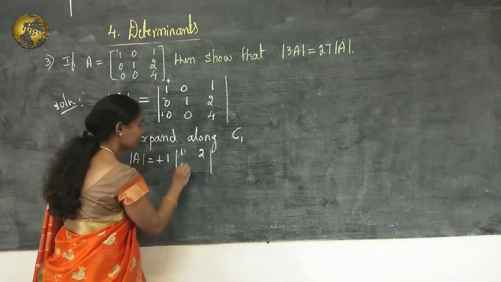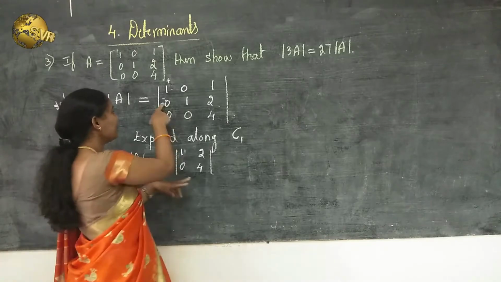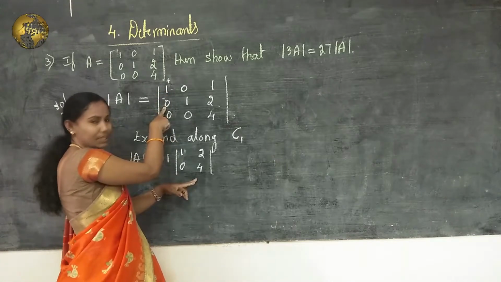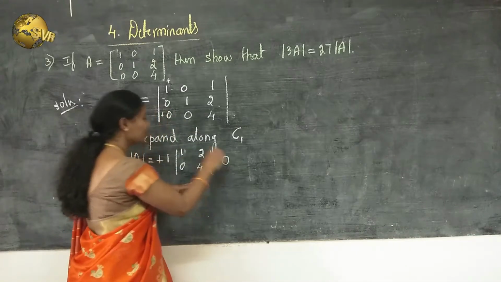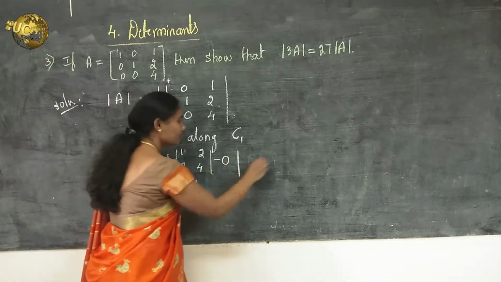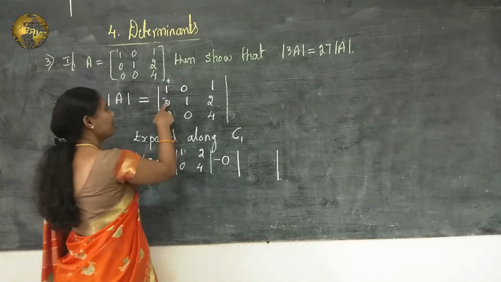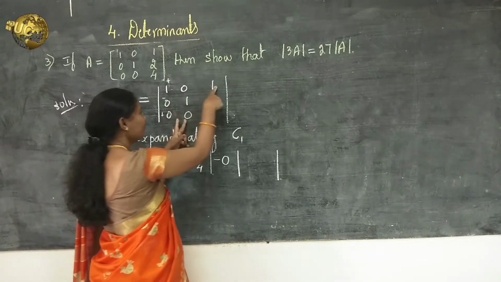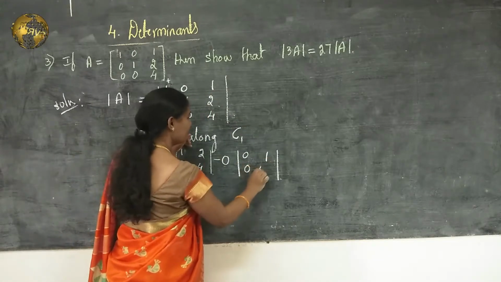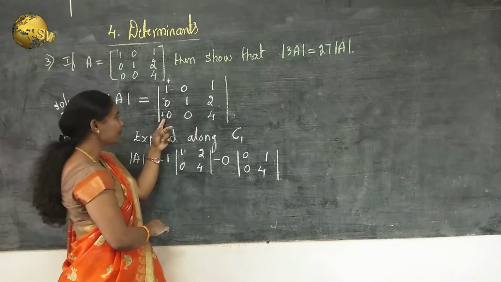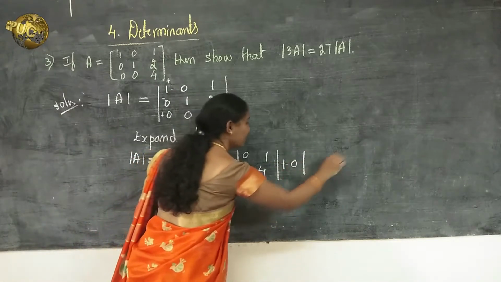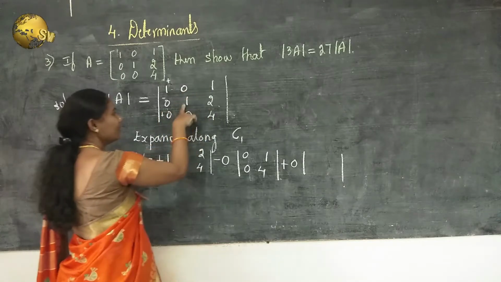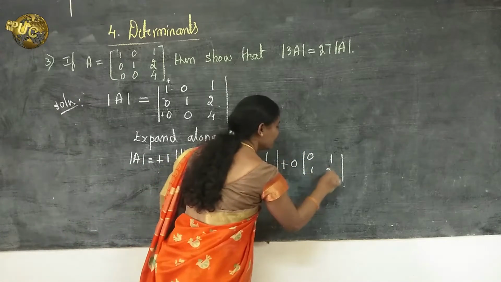Then the second element in the first column is 0, so minus 0 into the determinant of the remaining elements 0, 1, 0, 4. Next is plus 0 into the determinant of the remaining elements 0, 1, 1, 2, after neglecting that row and column.